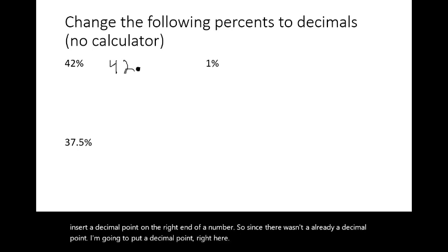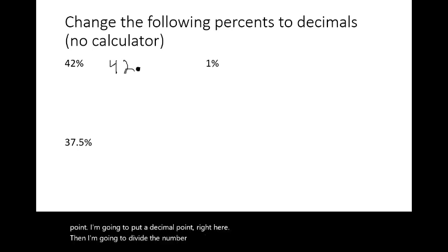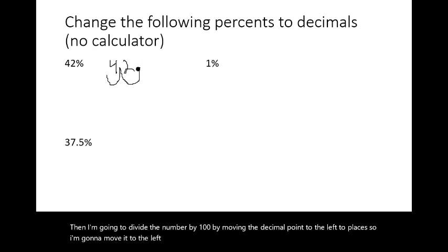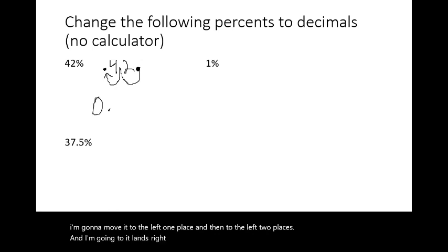Then I'm going to divide the number by 100 by moving the decimal point to the left 2 places. So I'm going to move it to the left 1 place and then to the left 2 places. And it lands right here. So as a decimal, 42% is 0.42.